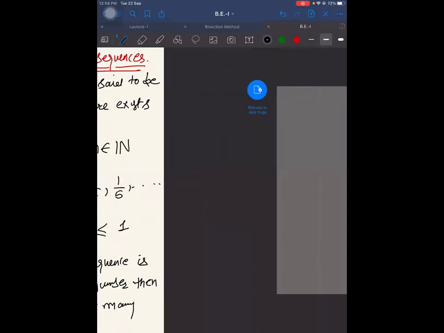Okay. So let me put it in another way. Bounded below. So what will the definition of bounded below be?